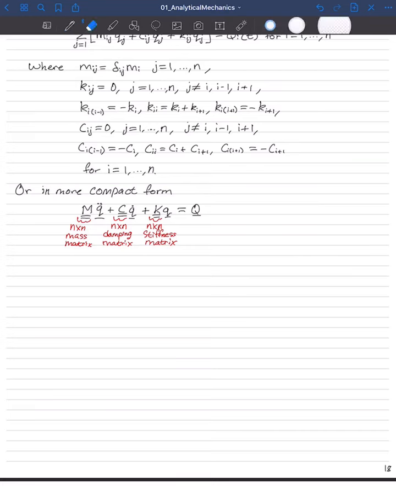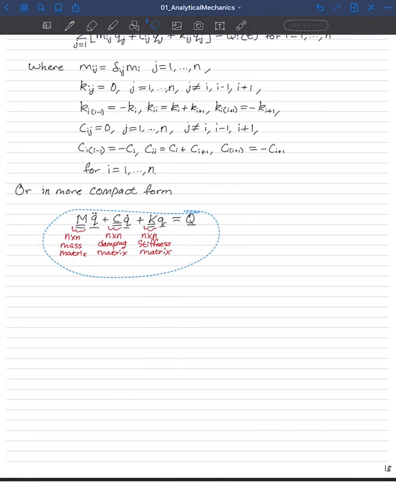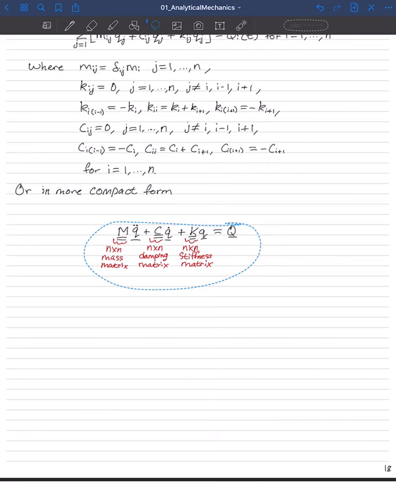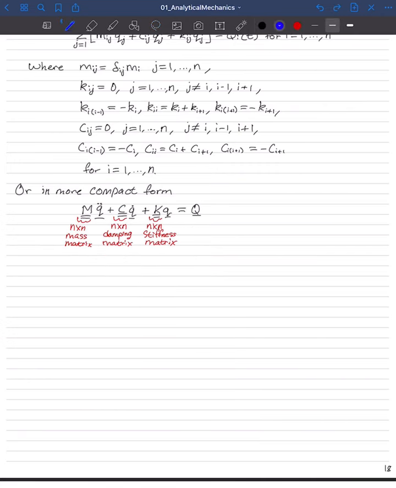This is our n by 1 acceleration vector. This here is our n by 1 velocity vector.